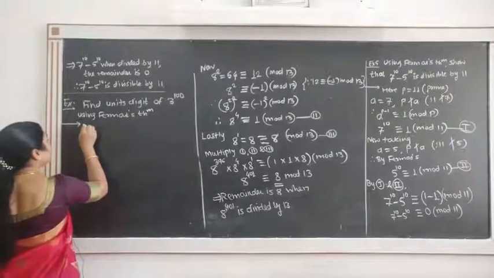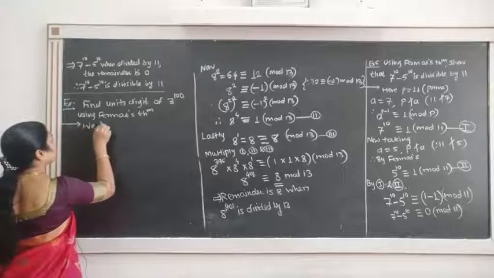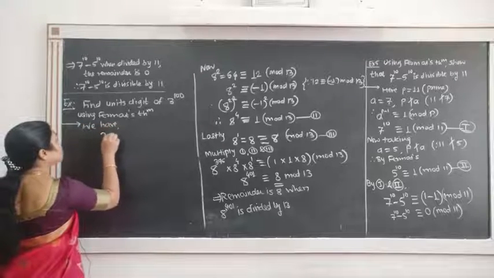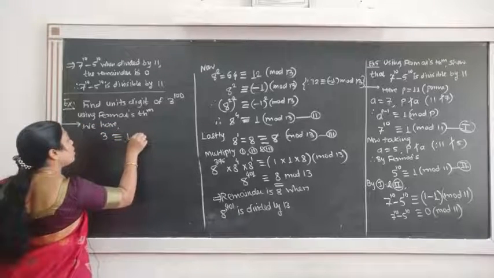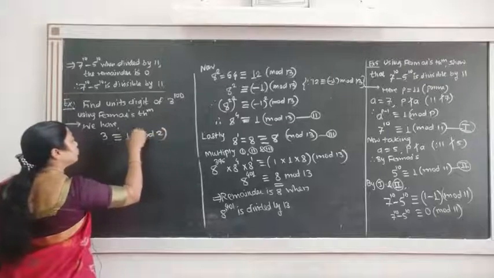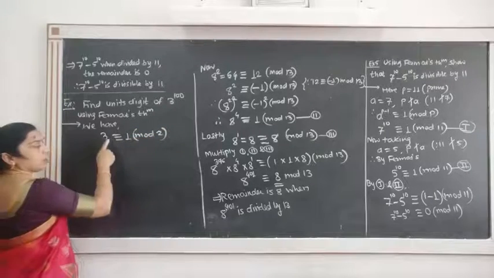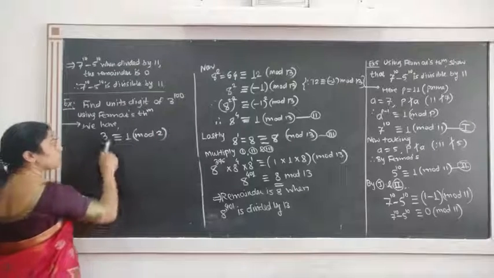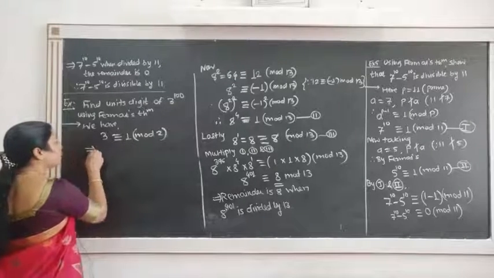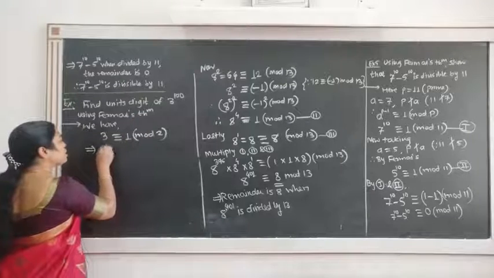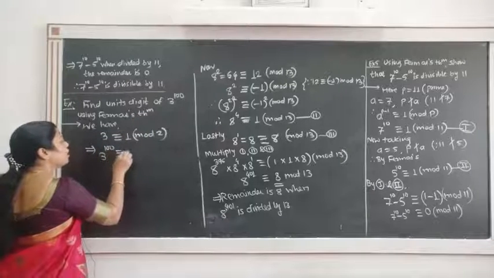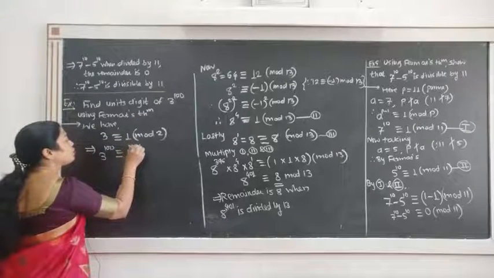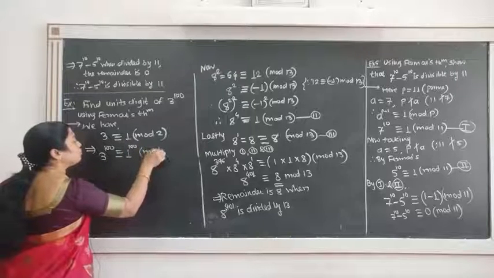So consider now we have 3 is always congruent to 1 modulo 2, because 2 divides 3 minus 1, that is 2. So 3 is congruent to 1 modulo 2. Take raised to 100 on both sides. So 3 raised to 100 is congruent to 1 raised to 100 modulo 2.